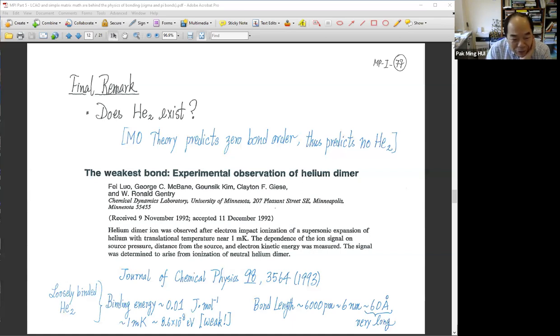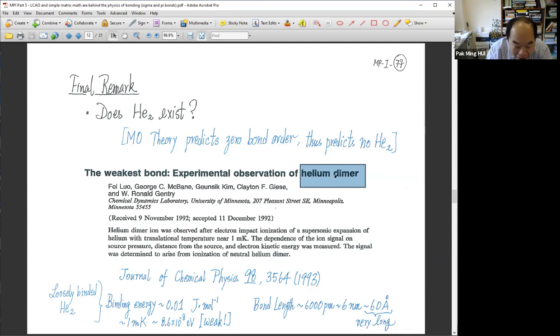Scientists have been trying to find the weakest bond, that is to say, where the gain in energy is just a little bit. So what is this weakest bond? It is helium-helium.